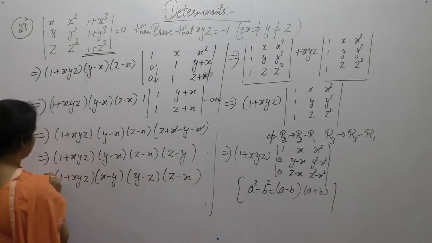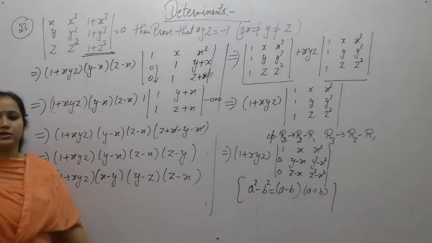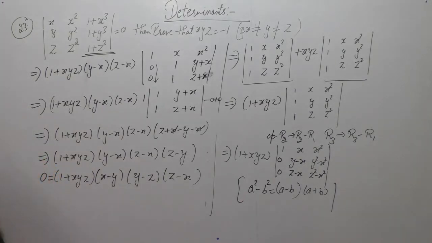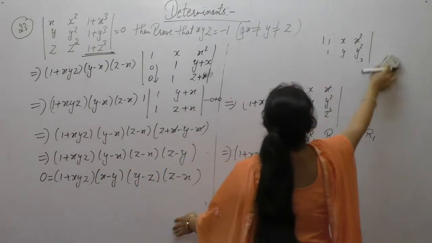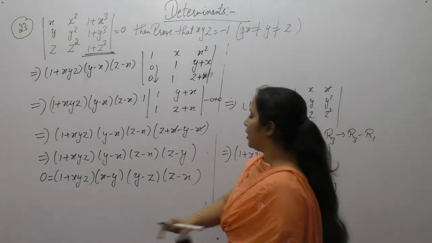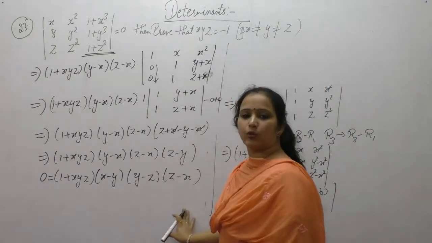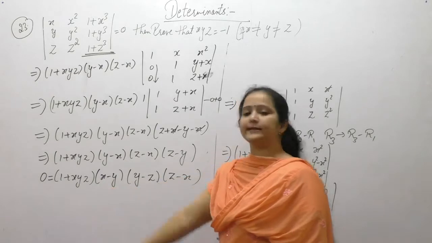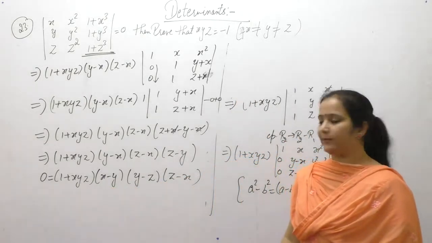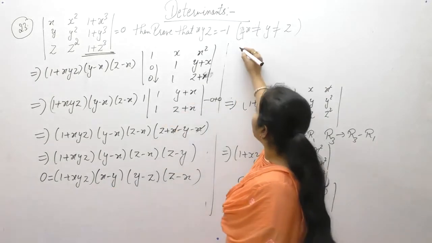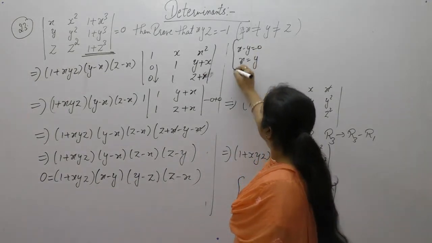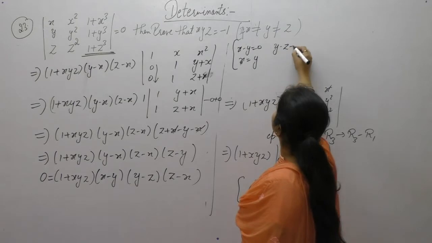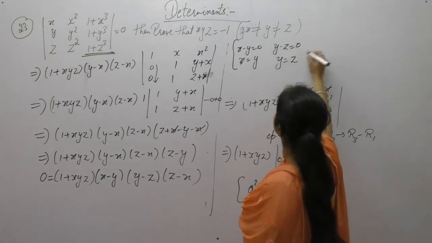Now this determinant is equal to 0. We have been given this. This determinant is 0 means any one of these terms should be equal to 0. Then only the product of these terms will be 0. If we put x minus y as 0, then x is equal to y. If we put y minus z as 0, then y is equal to z.